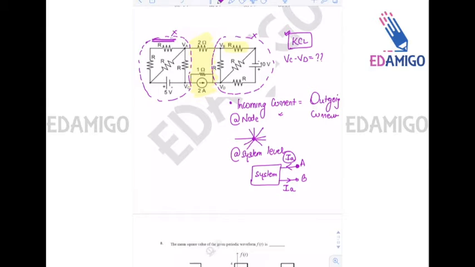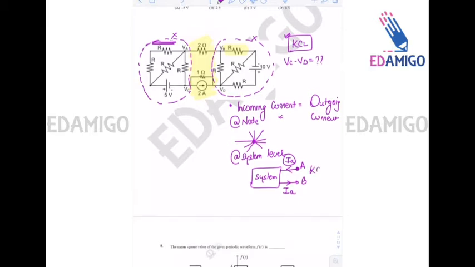So if IA current enters through terminal A, IA has to leave through terminal B. This is KCL at the system level. The incoming current always has to be equal to the outgoing current or vice versa. So that's KCL. It is applicable at the node, and it is applicable at the system level also.